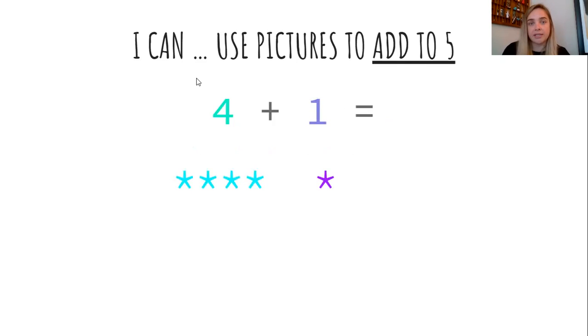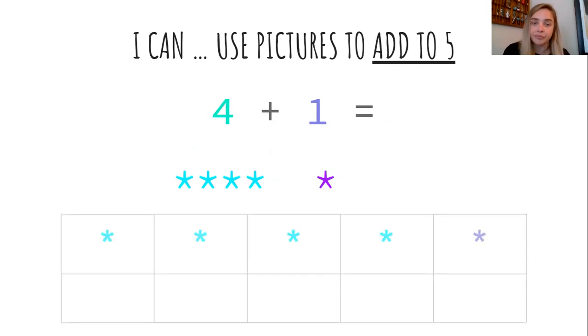So this number sentence says 4 plus 1 equals. I use stars this time, and I'm going to put my stars in a tens frame. So remember, a tens frame is a tool that can help me with addition too. It has 10 boxes.